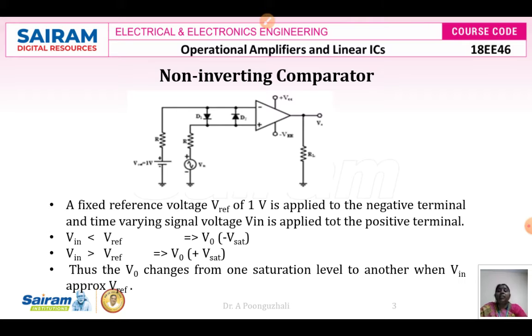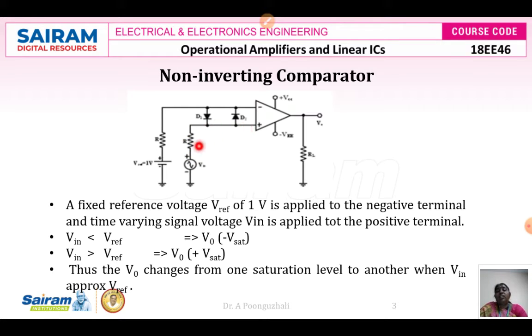In the non-inverting comparator, the name itself tells it is non-inverting. Non-inverting means the input signal should be fed to the non-inverting terminal of your operational amplifier. So to the non-inverting terminal, I am going to feed the input voltage, Vin. This Vin should always be fed in series with a resistance R, so that this resistance R limits the current that flows into the circuit.